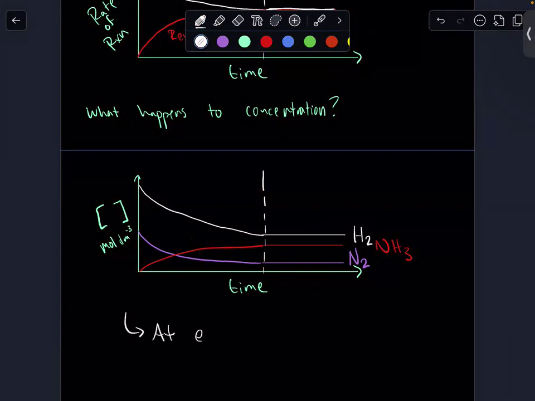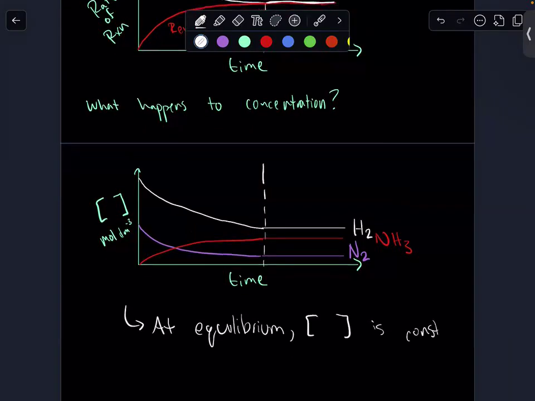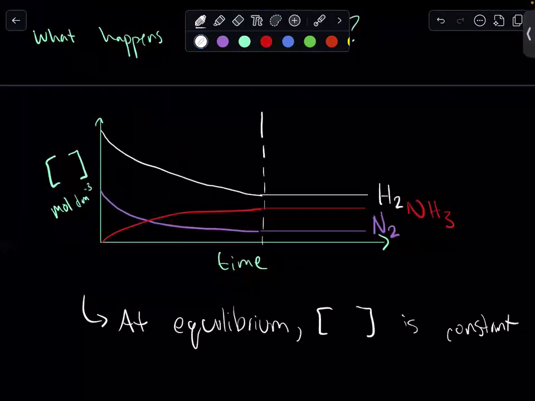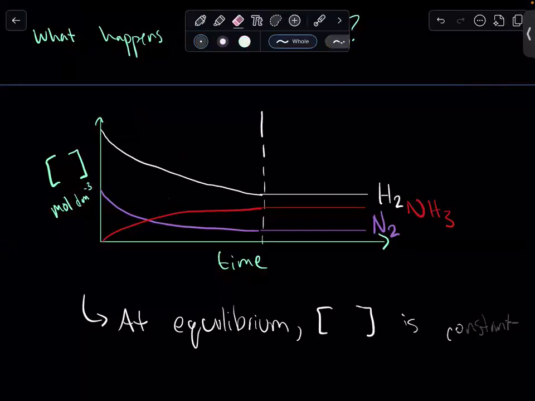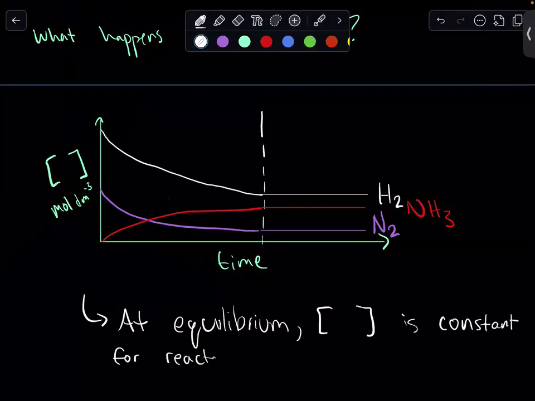So at equilibrium, concentration is constant for reactants and products.